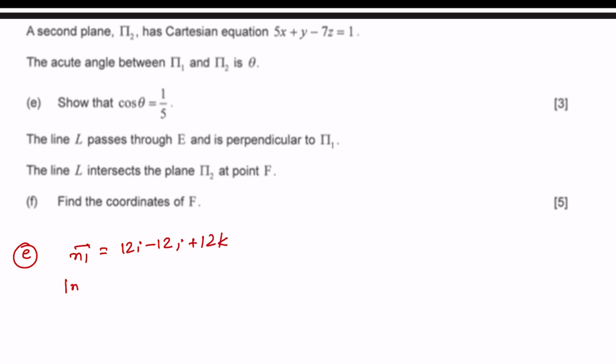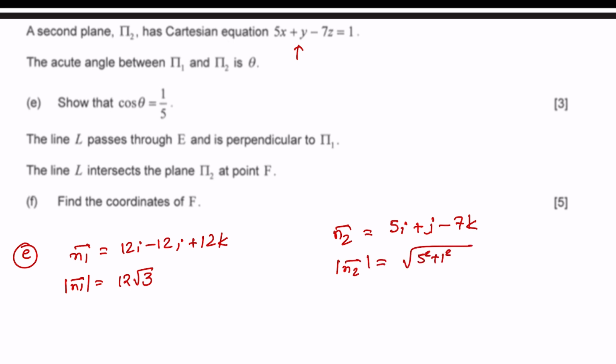The mod of n1 will be 12 root 3. We already know the modulus value from the area. N2 would be the direction vector of this plane, which is 5i plus j minus 7k. So mod of N2 would be root under 5 squared plus 1 squared plus minus 7 squared, which is root 75, which is 5 root 3.